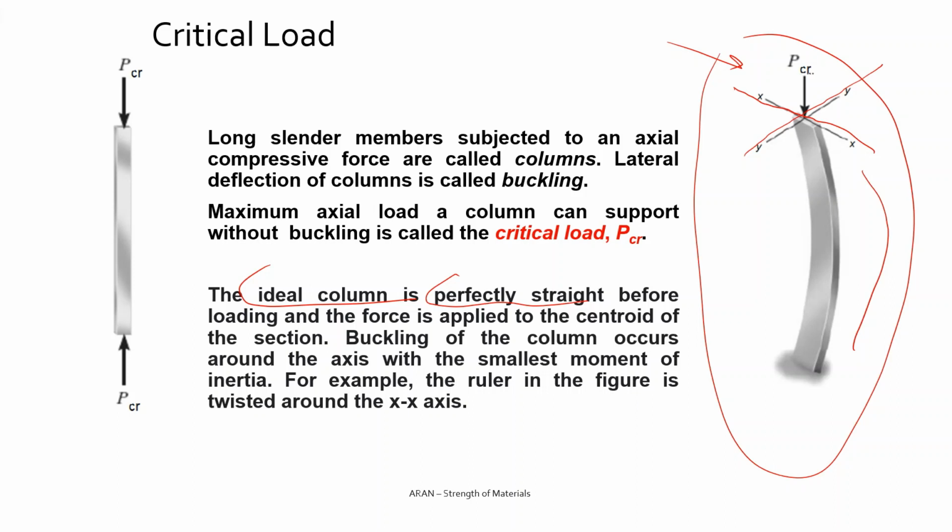But the buckling of a column occurs around the axis with the smallest moment of inertia. We know that the moment of inertia is the resistance of a section against bending. So in our case, the axis XX will have a smaller Ixx, and buckling will occur as shown in the figure.